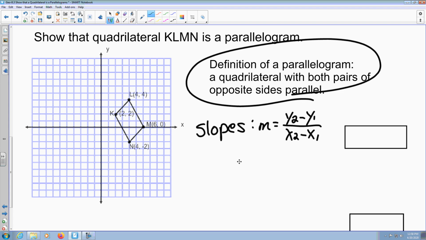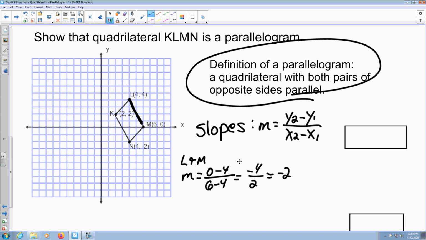So looking at this, I want to find the slope between points L and M. So right here to start with. Slope is going to equal 0 minus 4 over 6 minus 4. This gives me negative 4 over 2, which when I simplify gives me negative 2. So we found the slope of line segment LM.